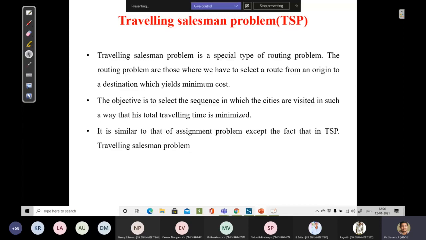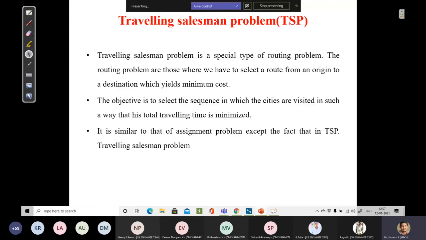So here one more condition will be imposed on your assignment model, that is, a person is traveling. He has to travel to 6 different locations. Okay, he can start from any location and move to the next location.